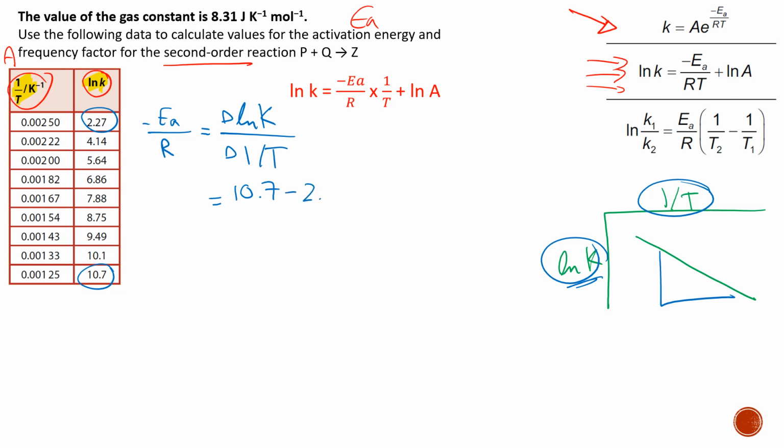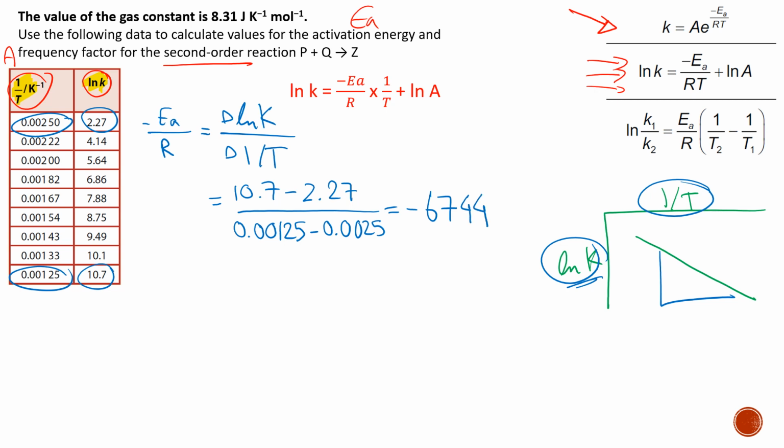So 10.7 minus 2.27 over the change in 1 over T, which is 0.00125 minus 0.0025. We put those numbers in the calculator and we will get negative 6744.